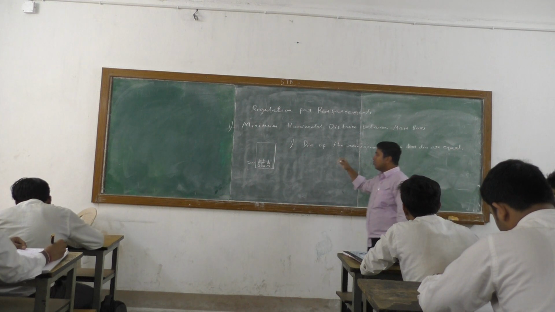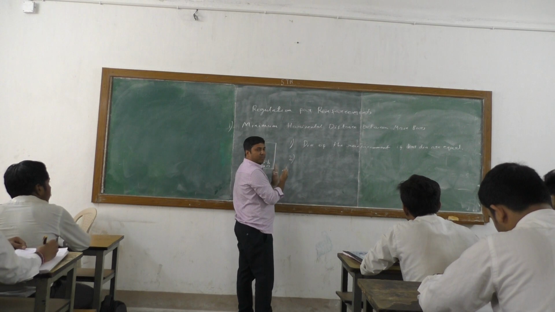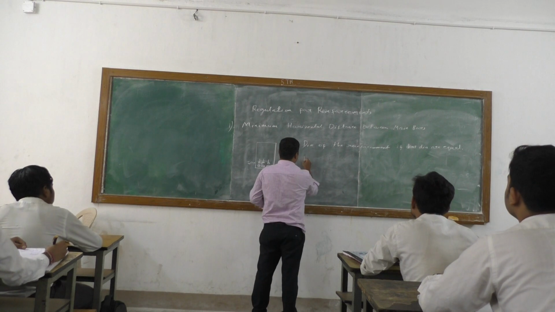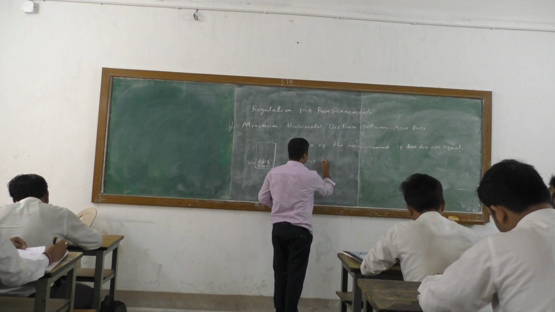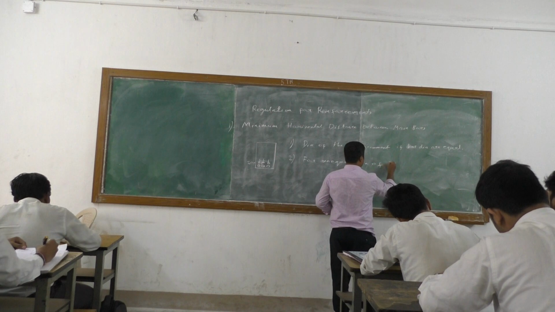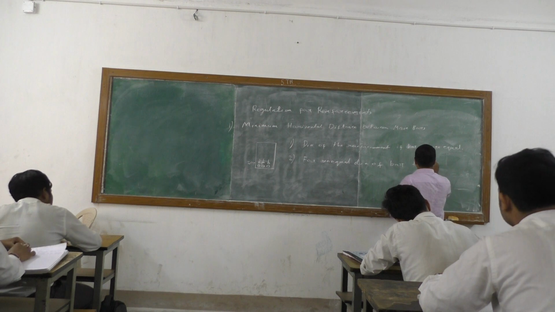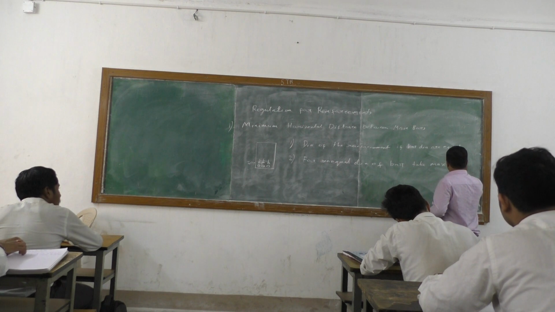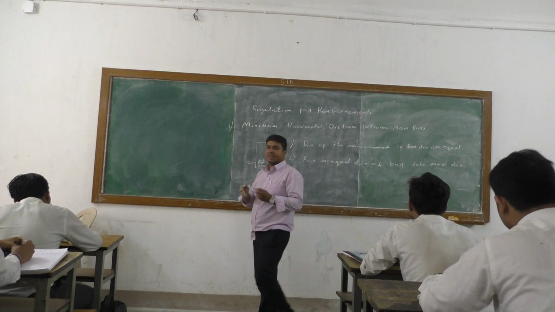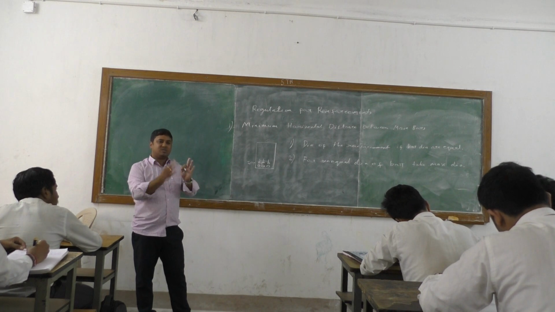If the diameters of the bars are equal, then we go for the minimum distance equal to the diameter. If the diameters of the bars are unequal in a section, suppose there is a combination of 16 mm diameter bar and 20 mm diameter bar, then we will go for the maximum diameter.